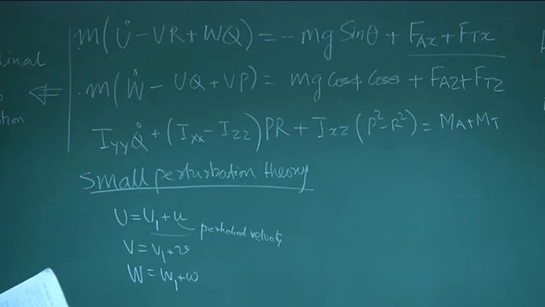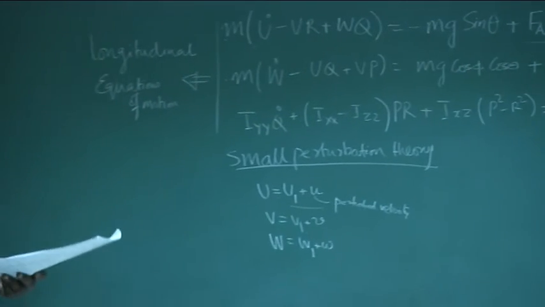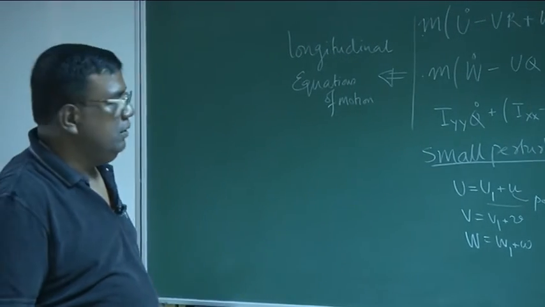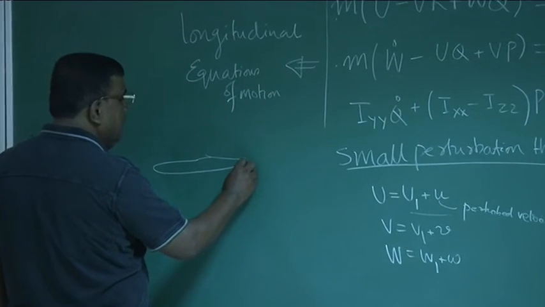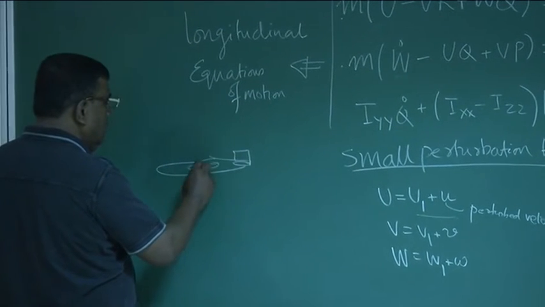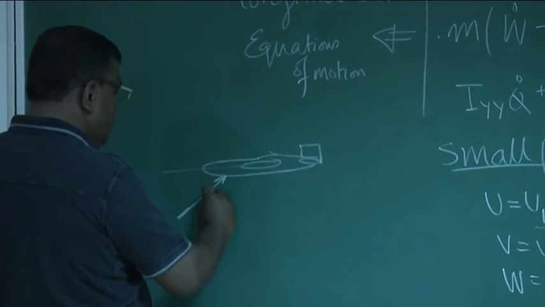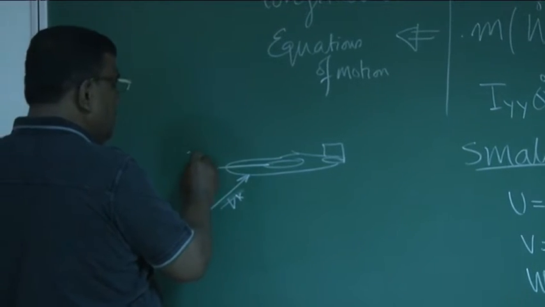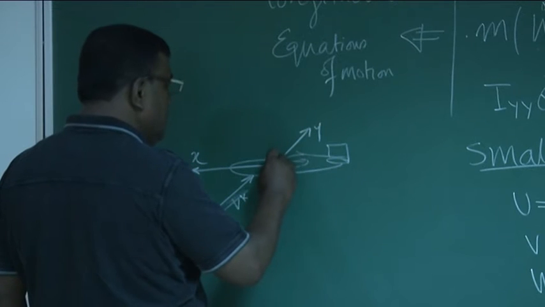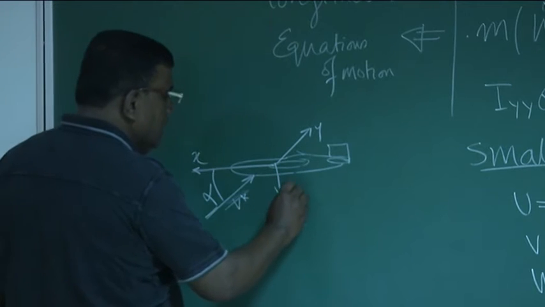What is w1? W1 is the steady state component of total velocity along the local z or body axis z direction. For example, if the airplane is moving like this, this velocity is V star, let's say, and the x-axis is here, y-axis is here, and z-axis is this, and this is alpha, then W1 is here.